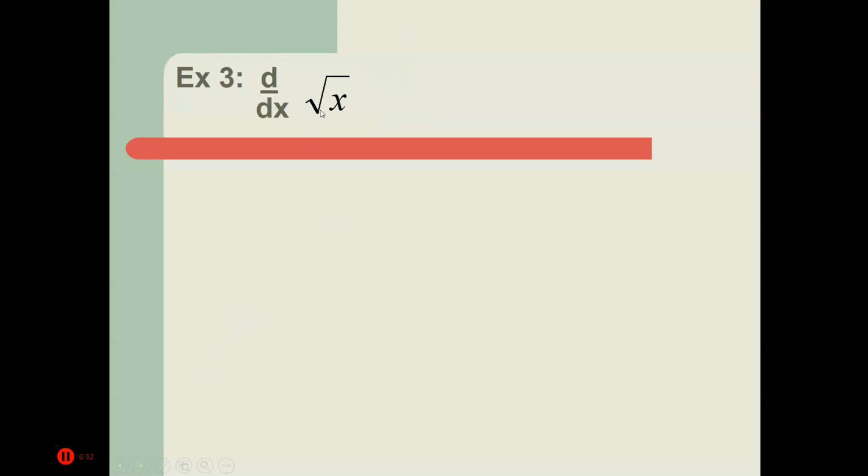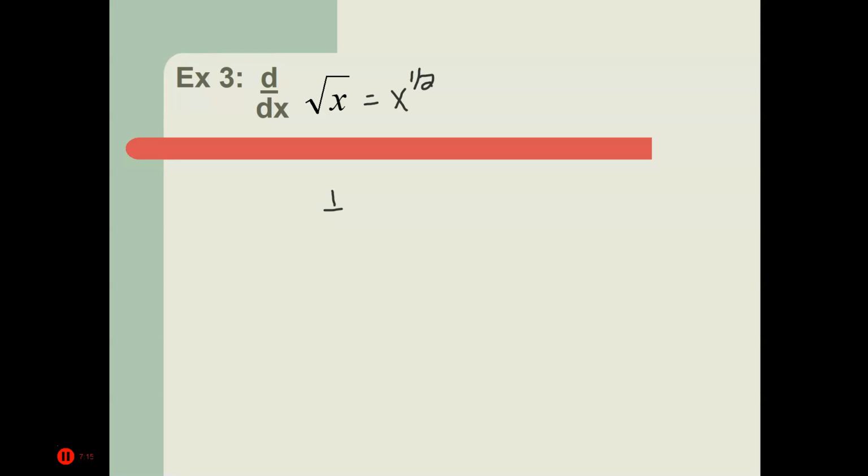Okay, how about a square root? We don't have a rule for a square root, but what do we know about a square root function? Go ahead, Alex. Yeah, so square roots, cube roots, etc., we have to rewrite them as exponential powers. And then the power rule is still the same.